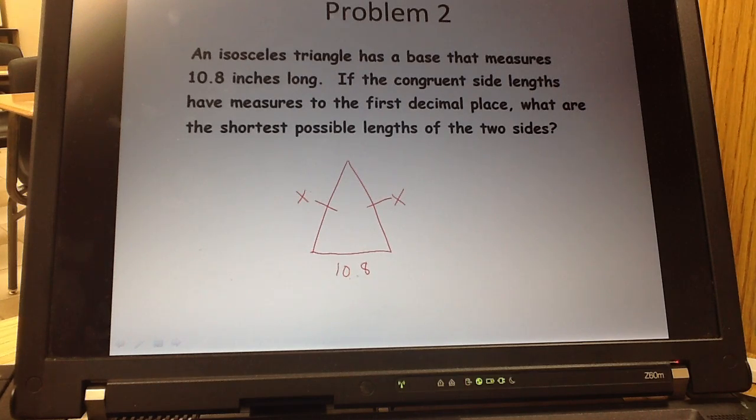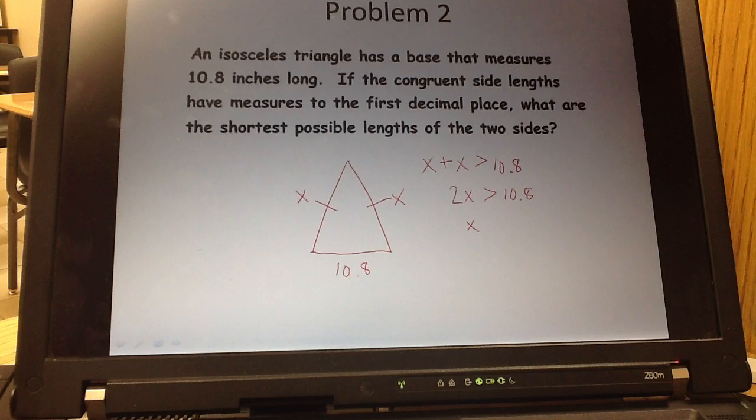Okay, if they're asking for the shortest possible lengths, that means x plus x has to be greater than 10.8. Because they're saying shortest possible, so that means the base would be the longest side. So you got 2x is greater than 10.8.